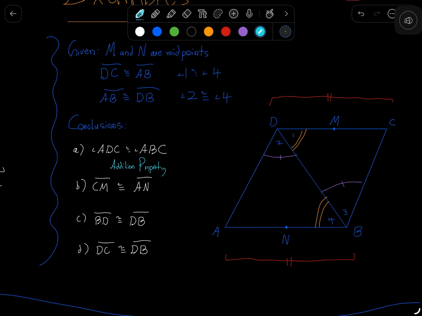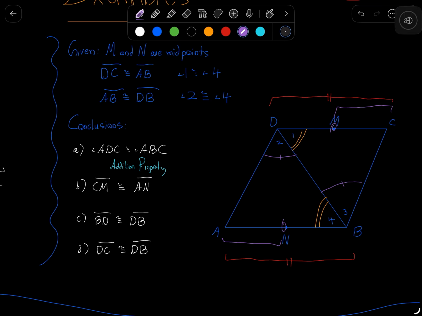Let's look at B. CM is congruent to AN. How do you prove that? Well, think about this. We know that this entire segment DC and AB, the red ones, are congruent to each other. And I told you earlier to keep in your head that M and N are midpoints.